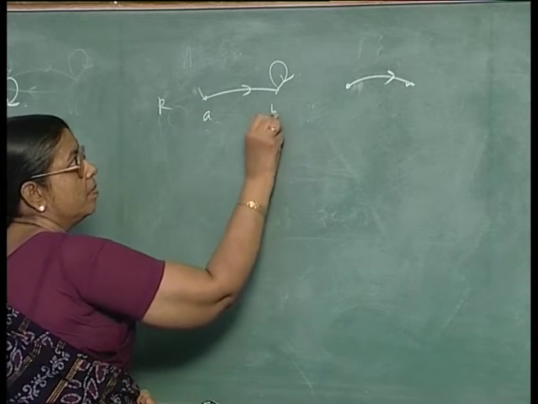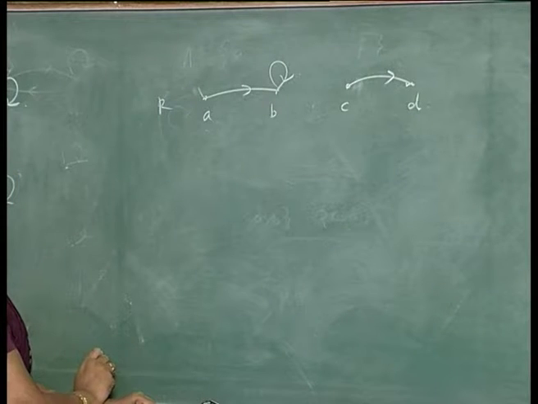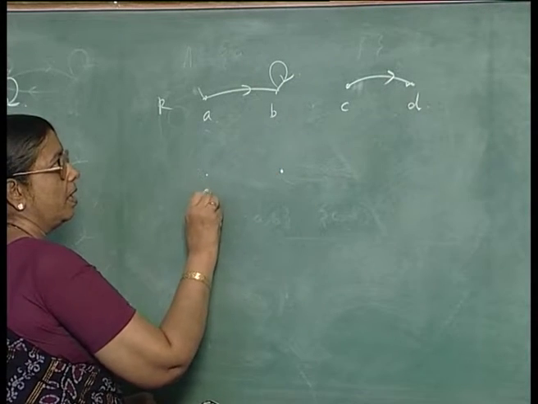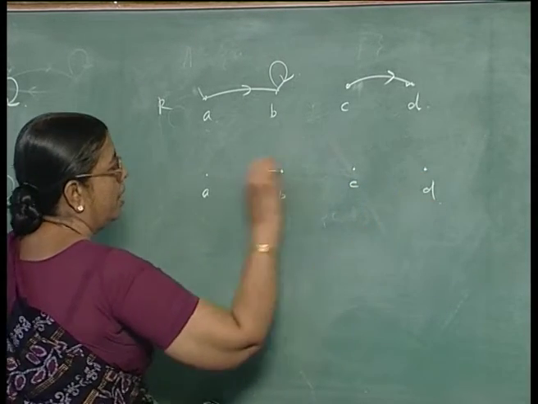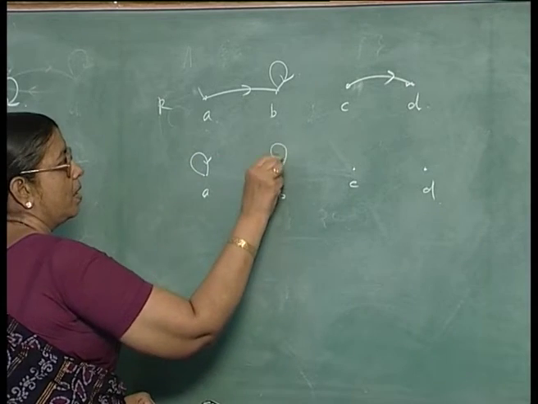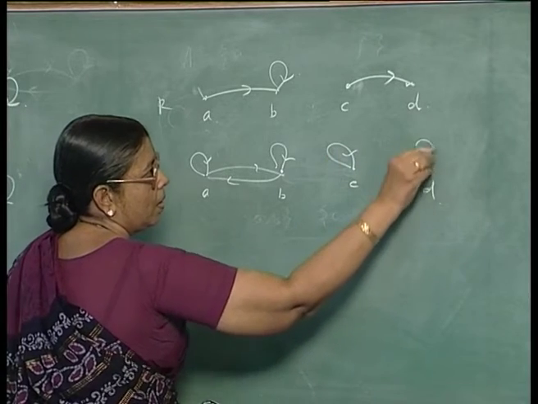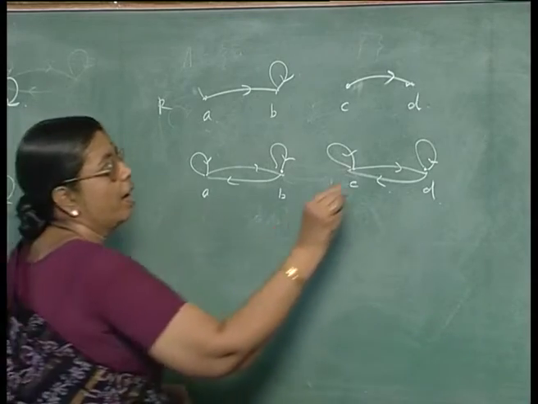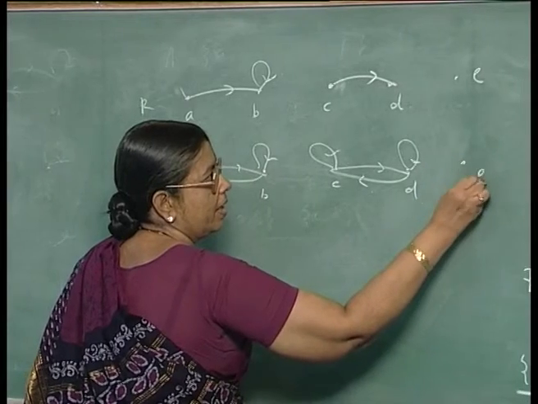Then when I take the reflexive, symmetric and then transitive closure, you get the equivalence relation on A, B, C, D. I will add one more element E, like this.